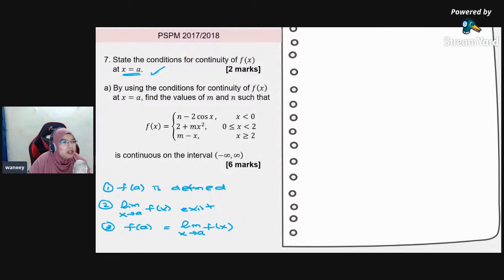Okay, so now by using the condition for continuity of fx at x equal to A, find the values of m and n such that it is continuous from negative infinity to infinity. So what do we need to do? We need to check. Yang ni nombor dia ada kosong dengan 2. So kita akan check dekat kosong, check dekat 2.